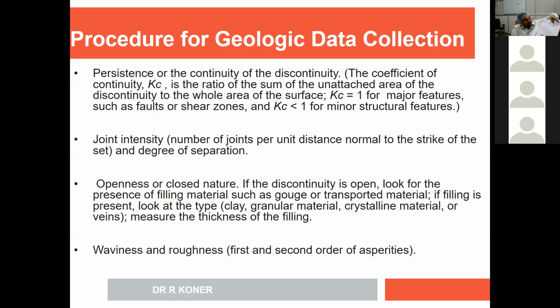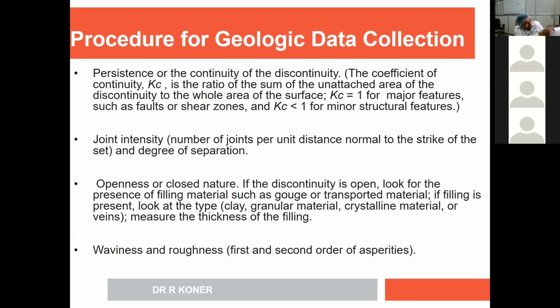If the discontinuity pattern is inside the slope surface, then determining the extent of the discontinuity is very difficult. The length of the discontinuity plane we map, that is the persistence. The total length of the discontinuity is the persistence.